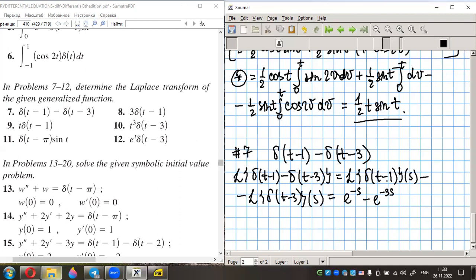Could you write the formula, please? Yes, of course. Let me find it.